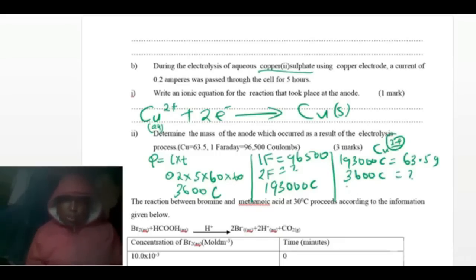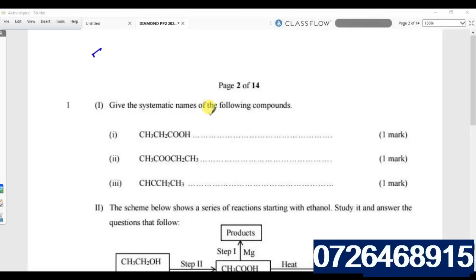You multiply: 36 times 63.5 divided by 193, and this will give us a mass of 1.18 grams.